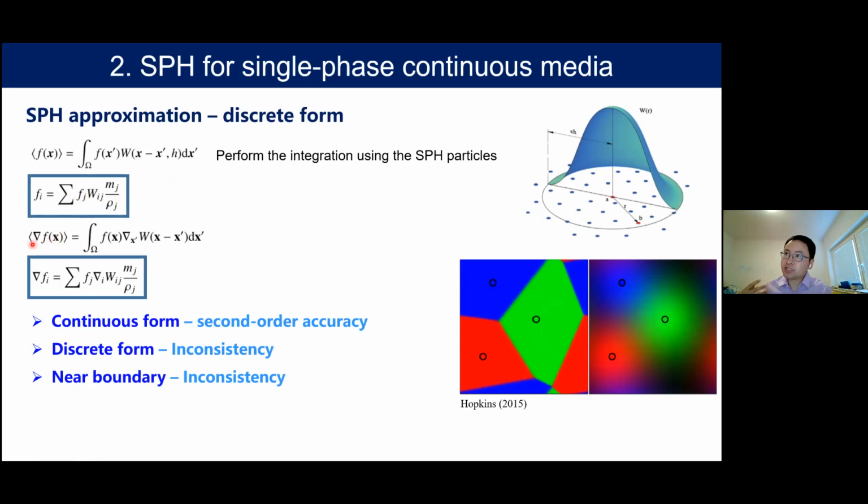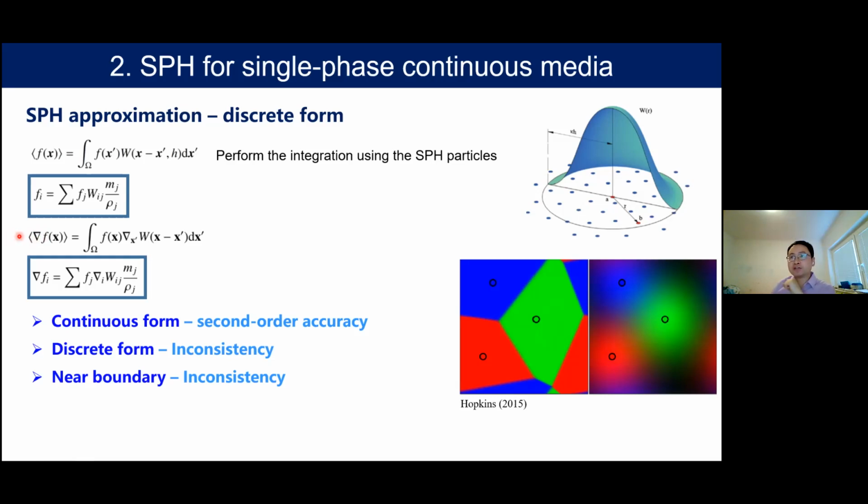We need to use other methods to correct this. And there are many different methods in SPH to correct this inconsistency and restore the accuracy in approximation. But this is too detailed, and we will mainly introduce the applications here.